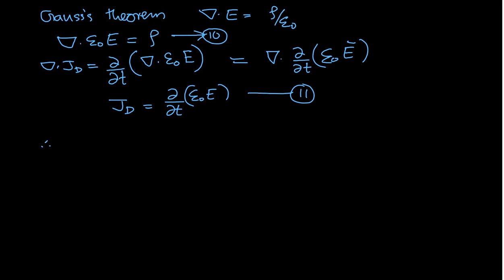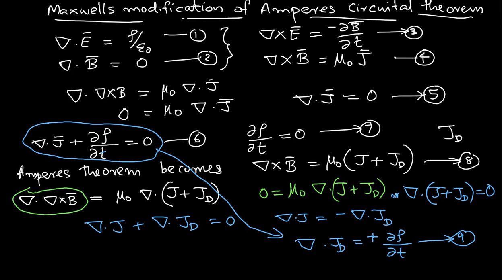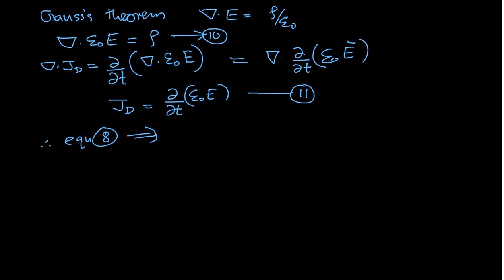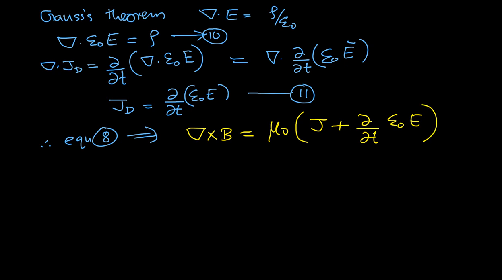Therefore, equation 8 becomes, equation 8 is del cross B equal to mu 0 into J plus JD, with JD equal to dou by dou t of epsilon 0 E. This is equation number 12, and this is called the modified form of Ampere's theorem.